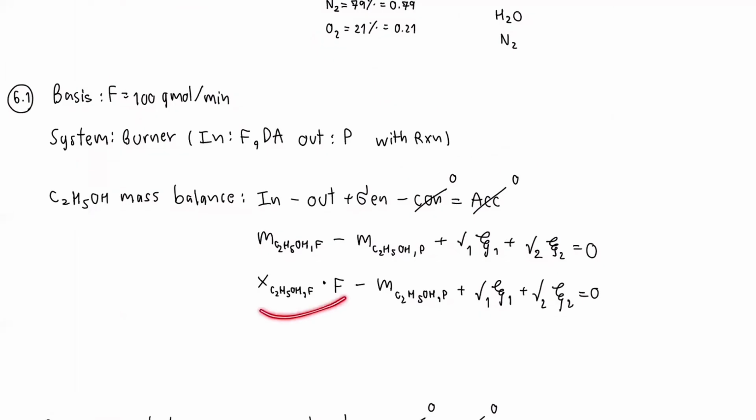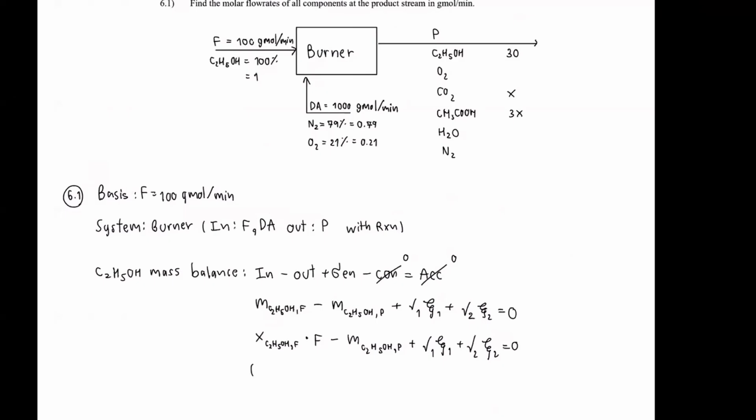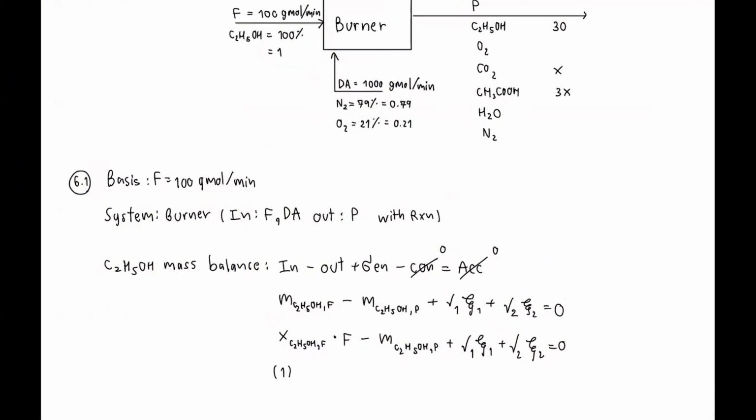We can write it like this. The component of ethanol in the F stream is 1, and the F stream is 100, minus, we already know, the ethanol in the P stream is 30.